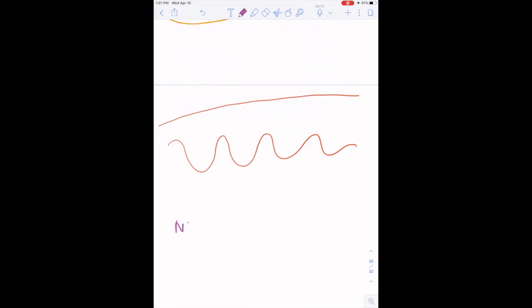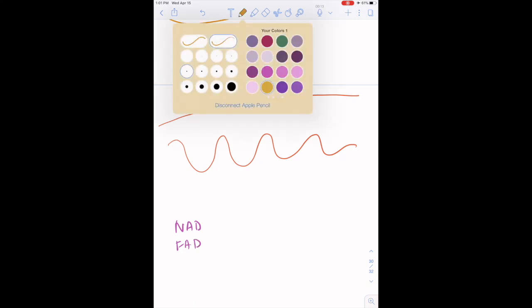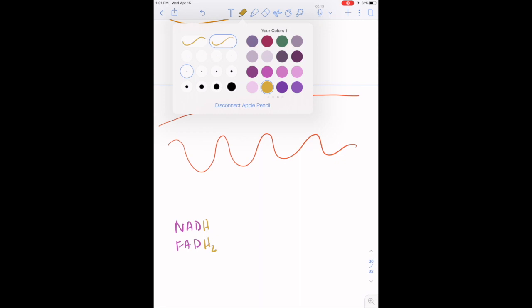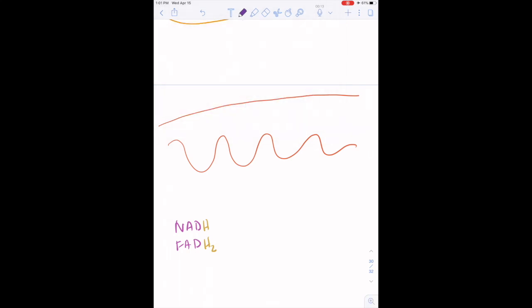Okay, back in the mitochondria, NADH and FADH2 are like, okay, now we're in the mitochondria. We're going to make a bunch of energy here.